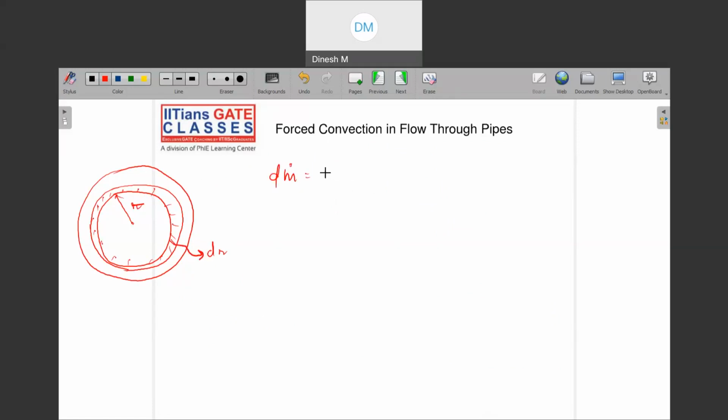Mass flow rate is density into discharge, and discharge is area into velocity. And what is that area? 2 pi r into dr, the strip area. And what is that velocity? Velocity is, let us say, u. So now I know m dot, right?